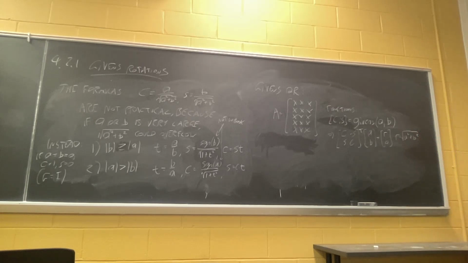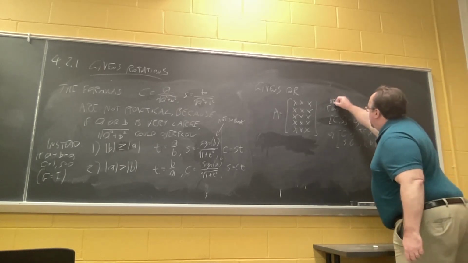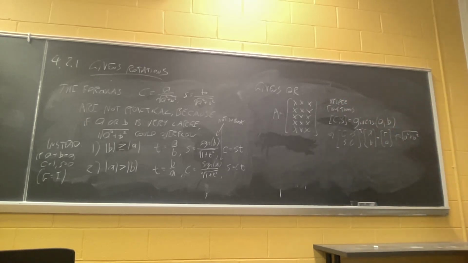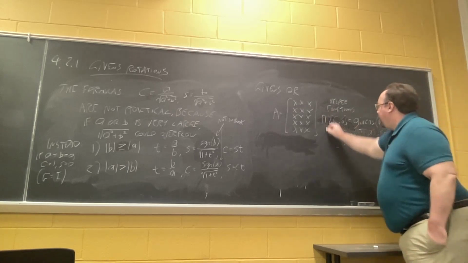So think of Givens as a function that gives you that cosine-sine pair. All right, so we'll call these helper functions. That's the first one.